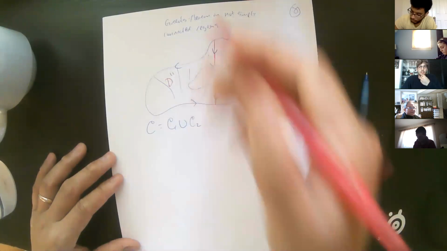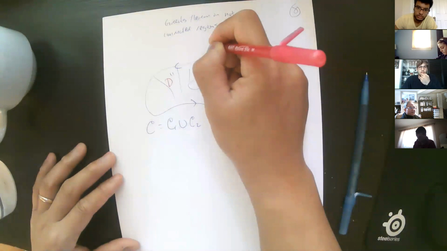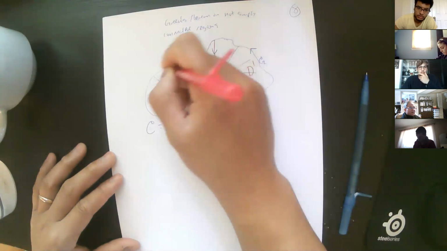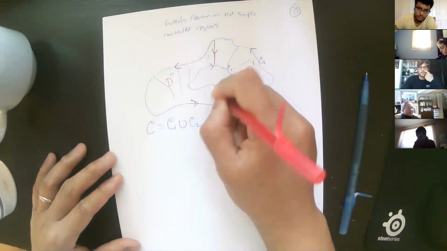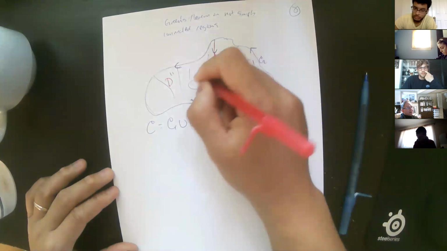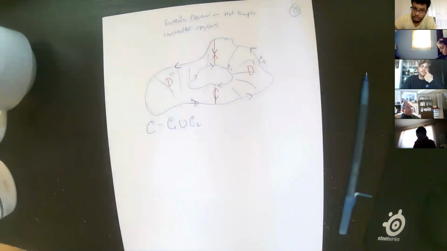I'm going to use red this time. So here, I'm going to go clockwise. And when I get to here, I start going up. Right? Because that also fits right here. So I separate my region into two different regions with different boundaries.